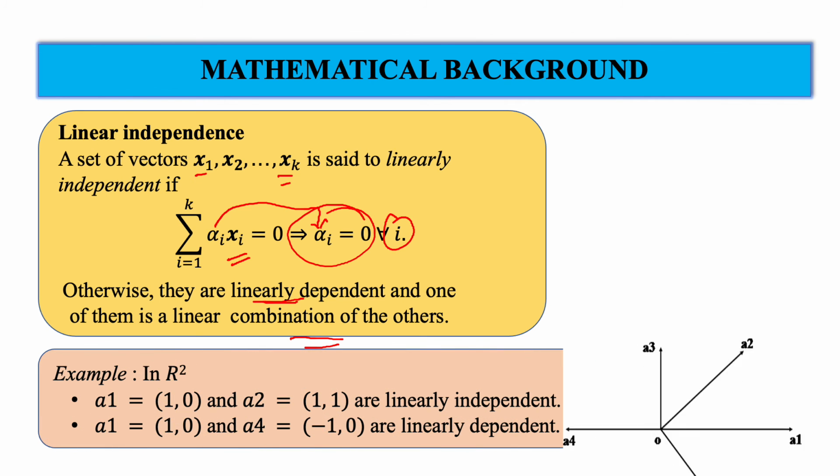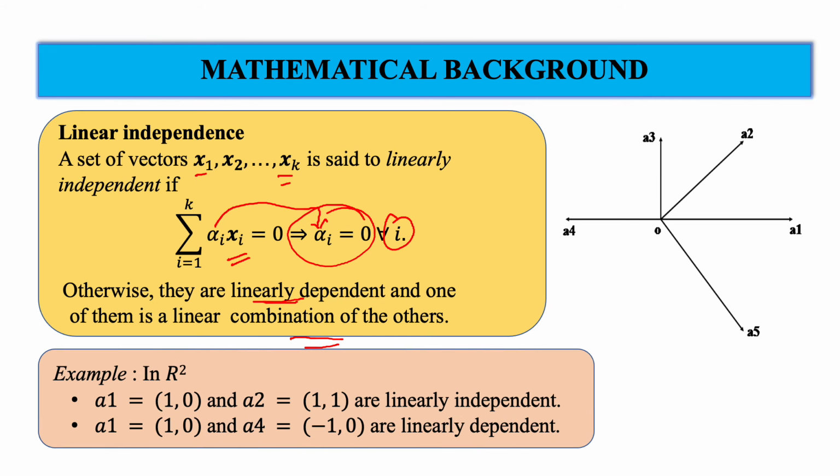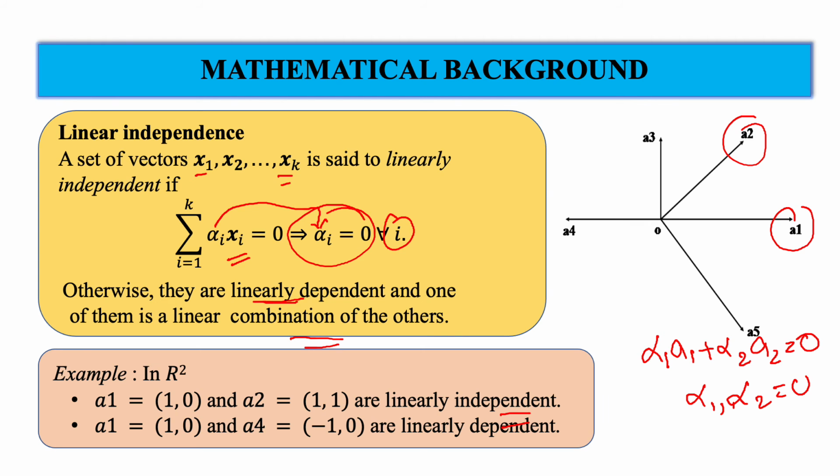If we look at the vectors A1 and A2, A1 is (1, 0) and A2 is (1, 1), they are linearly independent. One can show that alpha 1 A1 plus alpha 2 A2 equal to 0 will result in alpha 1 and alpha 2 being equal to 0.